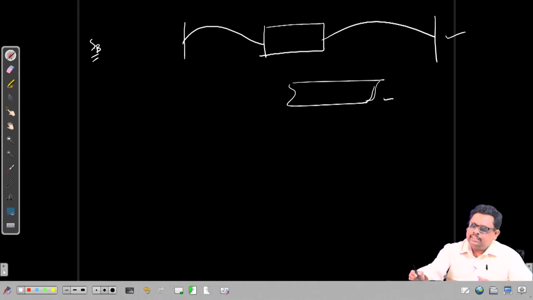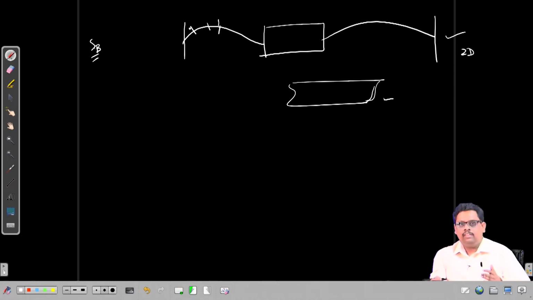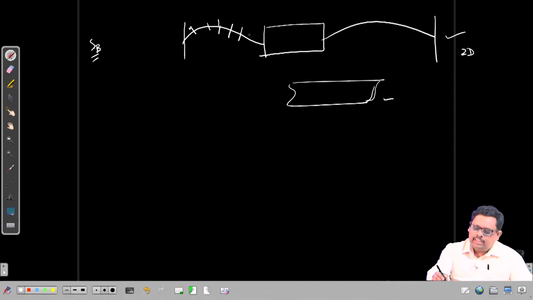Now, in the case of a two dimensional problem, this is simply a straight line, or you can take a curved line also, depending on whether you are trying to do higher order or lower order. But essentially, you need to discretize this free surface by some small lines like this.